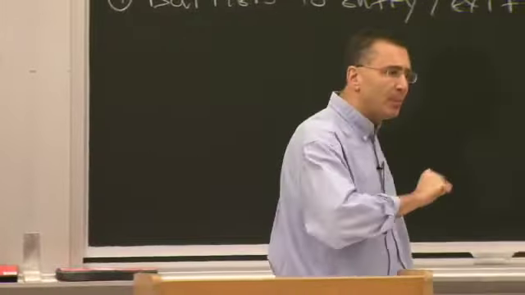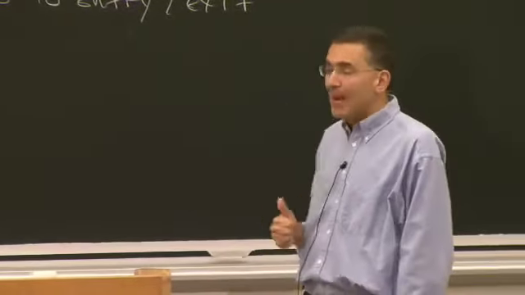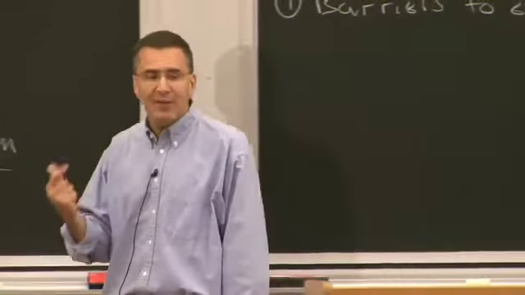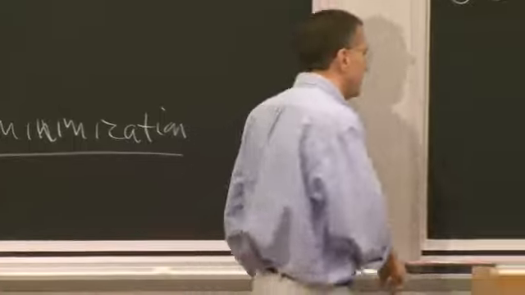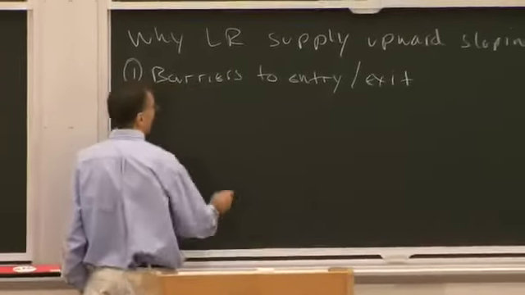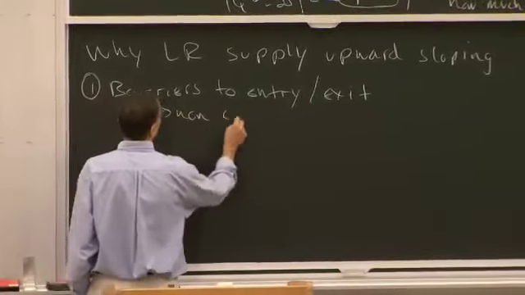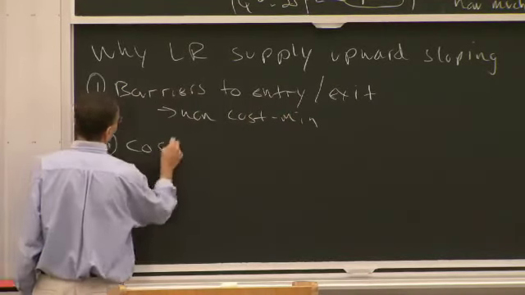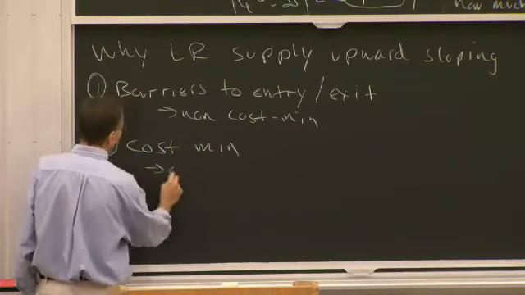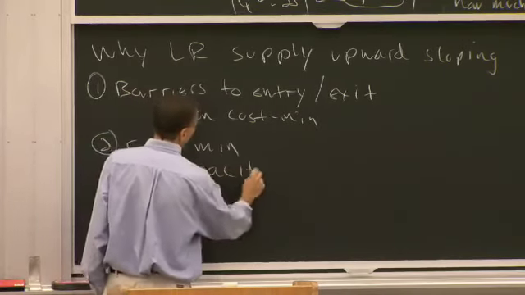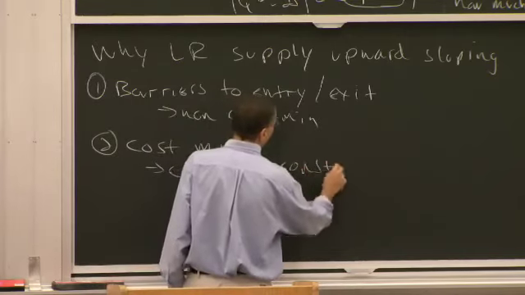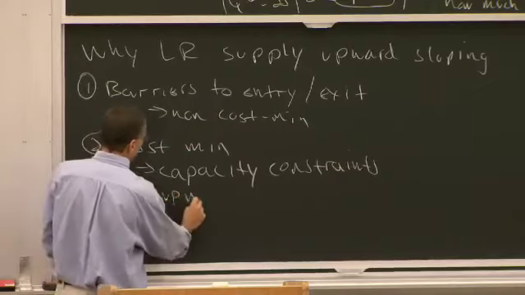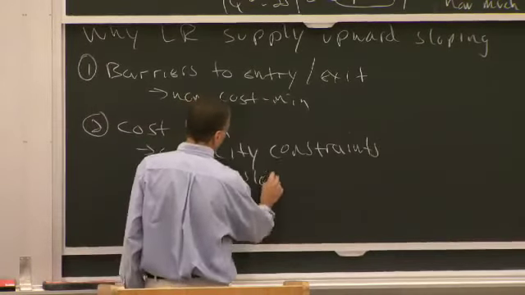In reality, supply curves slope up, A, because there might be barriers to entry, which leads to non-cost minimization. Or B, even if you're cost minimizing, there are two reasons: you could have capacity constraints, which is like our cotton example, or you could have upward sloping input supply.